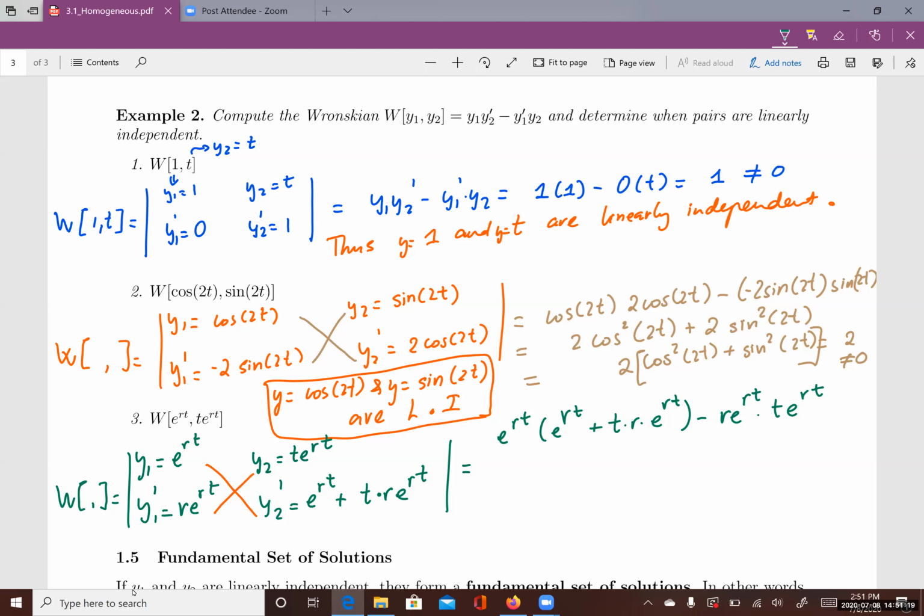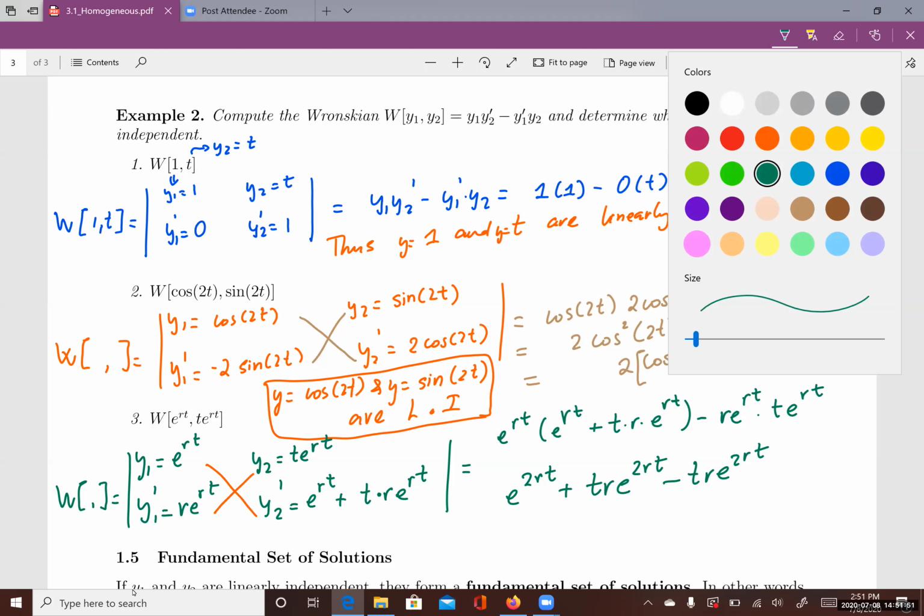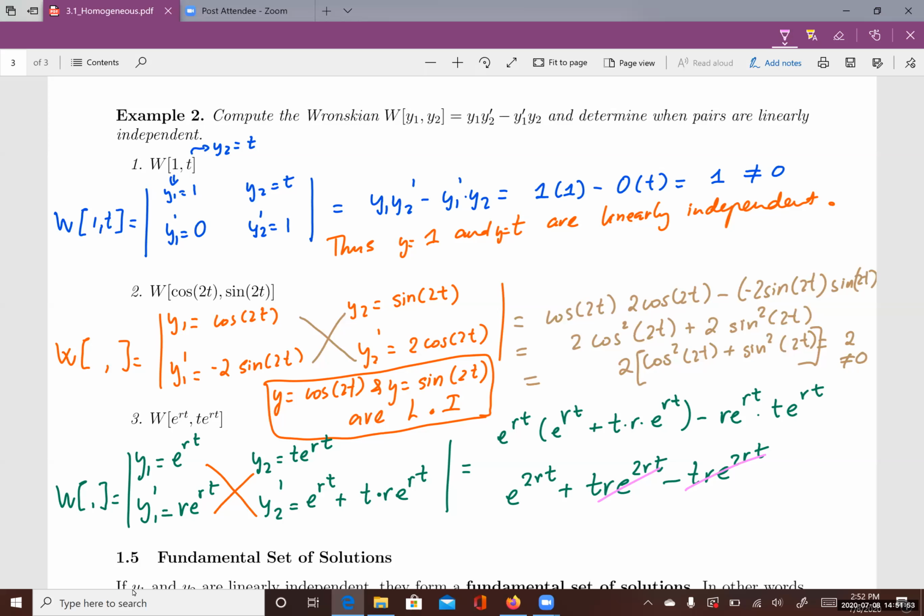So this is e to the rt times e to the rt, which is e to the 2rt, plus t r e to the 2rt, minus t r e to the 2rt. This cancels out, so the result is just e to the 2rt.